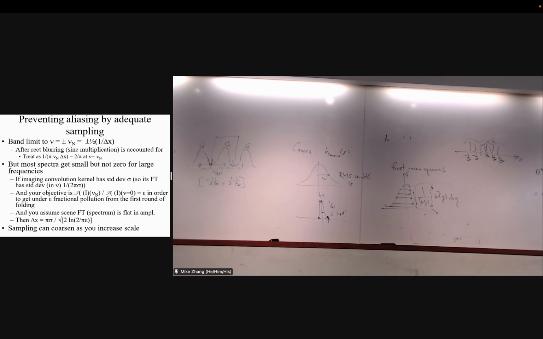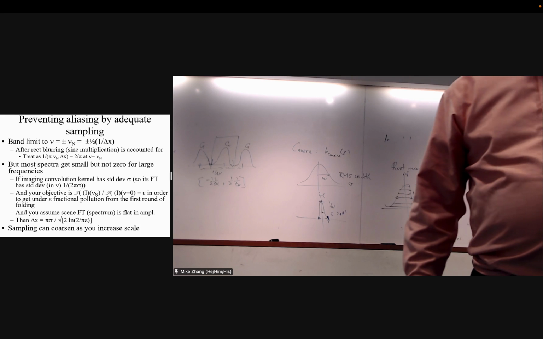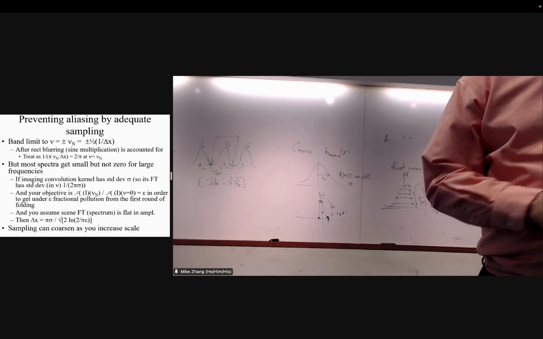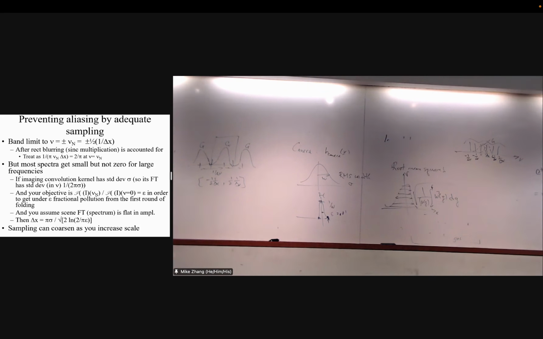It says that delta x should be pi times the width in the frequency domain of your impulse response function of your camera, divided by the square root of this interesting thing, which is twice the natural log of the ratio of 2 to pi epsilon.